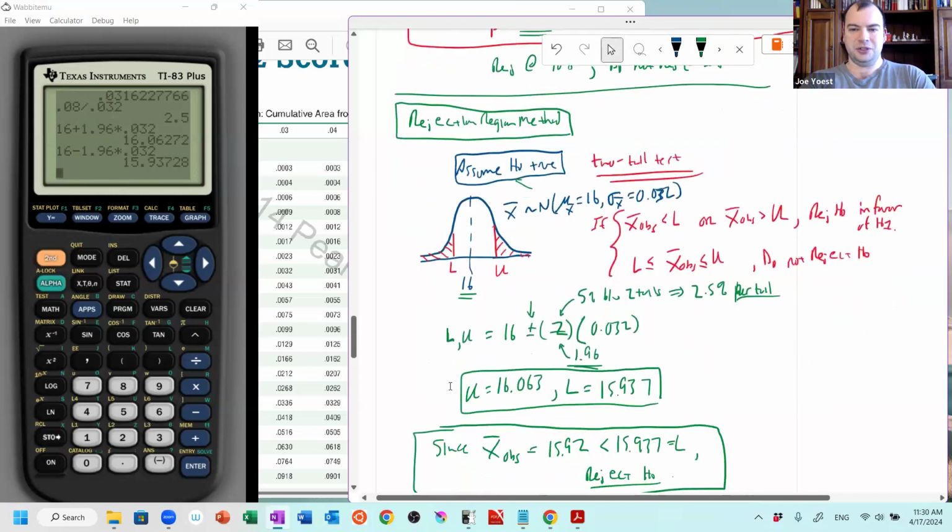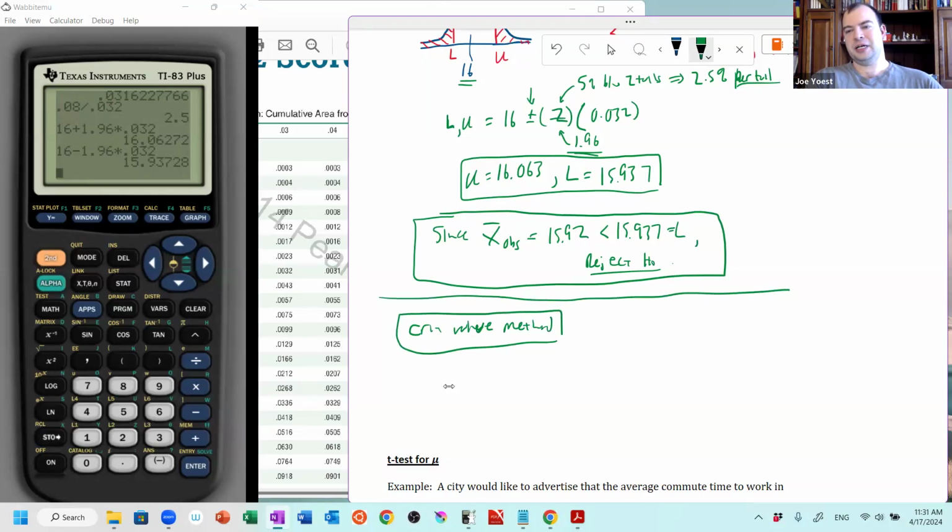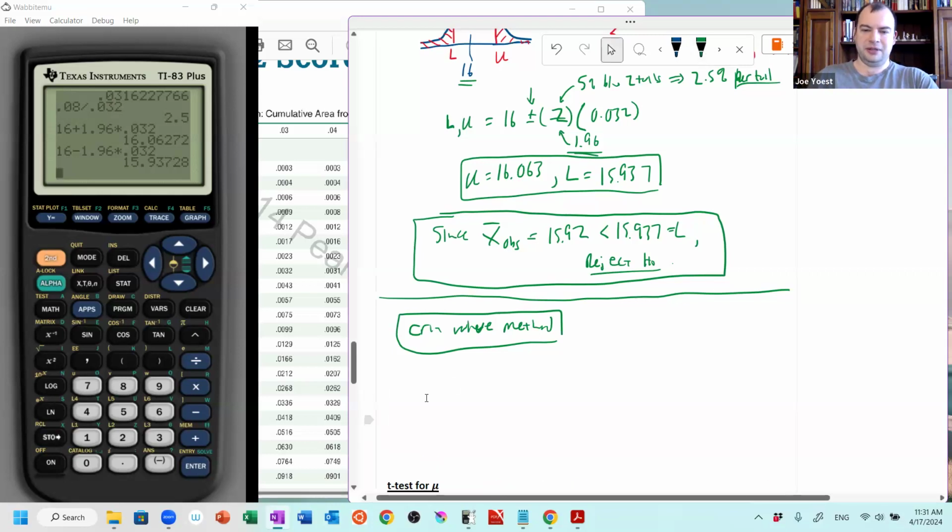We can do something very similar for the critical value method. Once we've done the rejection region method, we actually have all of the information we need for the critical value method.